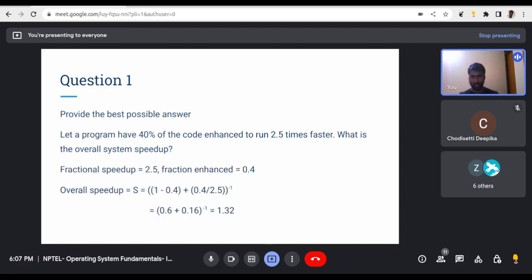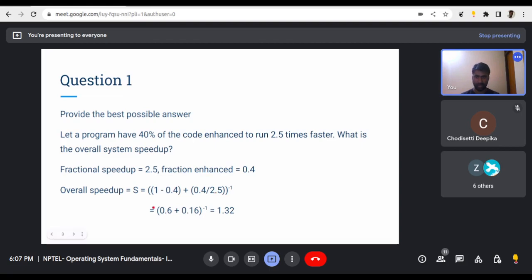Okay. So the fractional speed up is 2.5 times, as I said, and the fraction that is enhanced is 0.4 of the complete code. The overall speed up, as you may know from Amdahl's law, is 1 divided by (1 minus f, plus f divided by the times that it is enhanced), where f is the fraction that is enhanced. This is the complete formula.